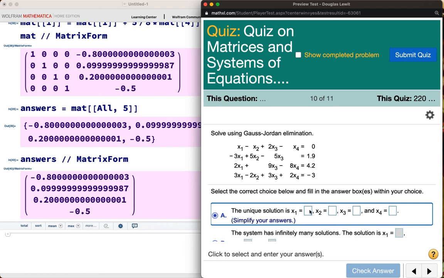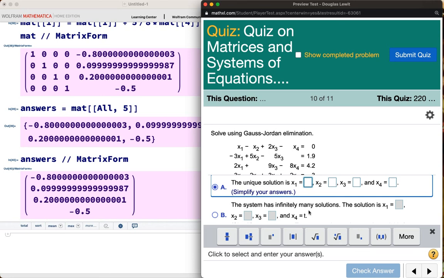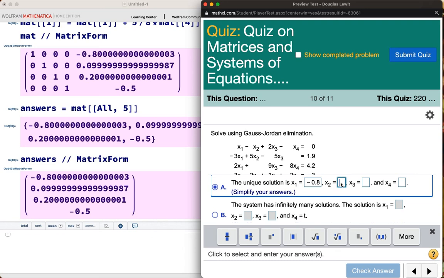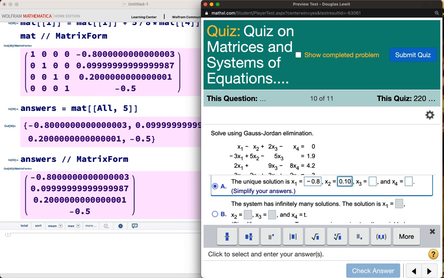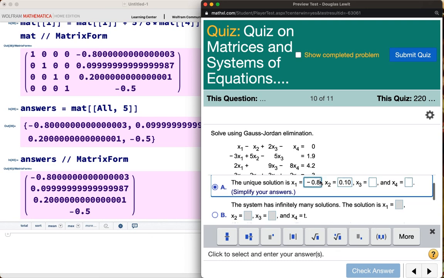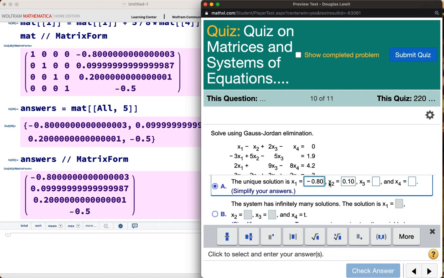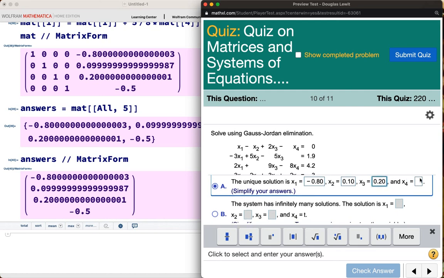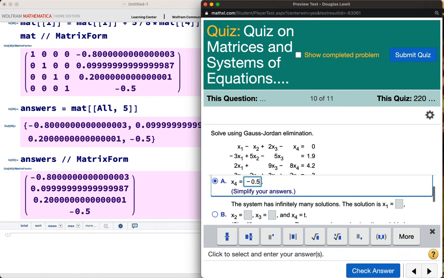This is going to be negative 0.8 and 0.099999. We can round that to 0.10. I'm going to add an extra 0 here for completeness. This should be 0.20, and this should be negative 0.50.